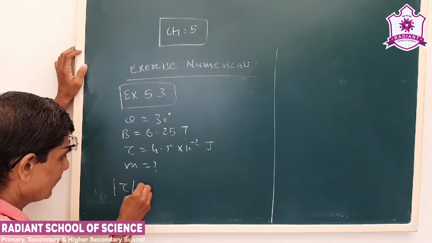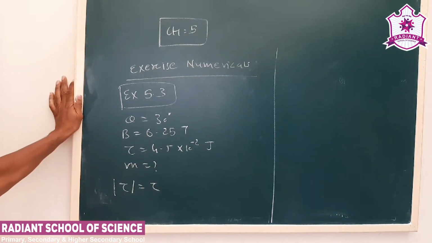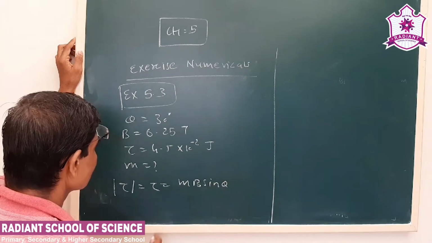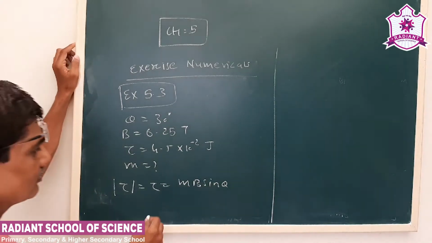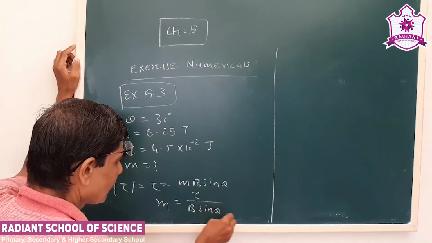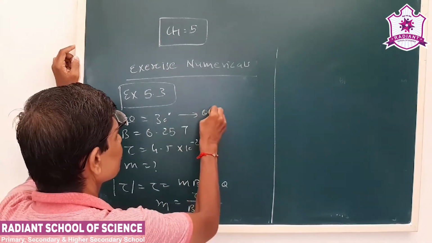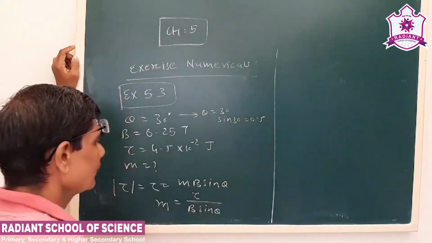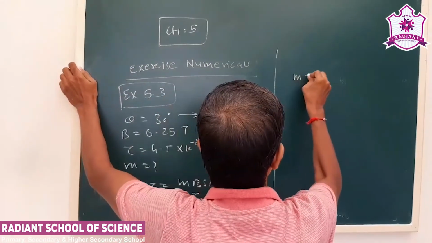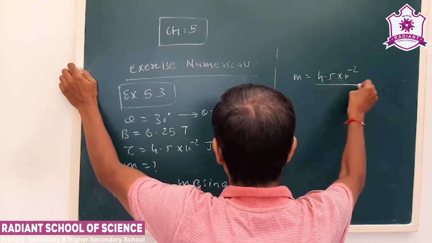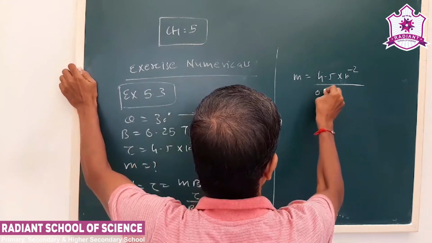Now see, what is the formula for the torque acting on a dipole or a bar magnet placed in a magnetic field? It is m B sin theta. So we have to find m equals torque upon B sin theta. Here theta is 30, sin 30 will be 0.5. B is 0.25.